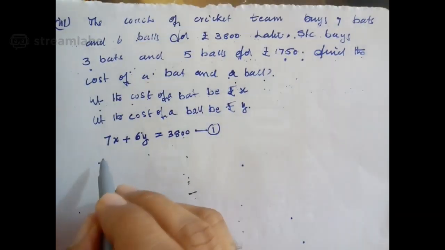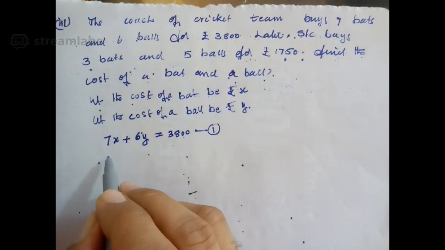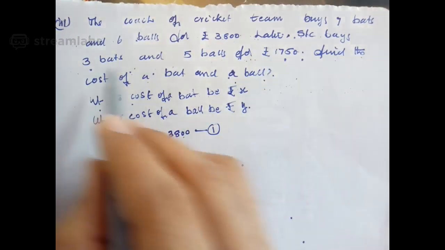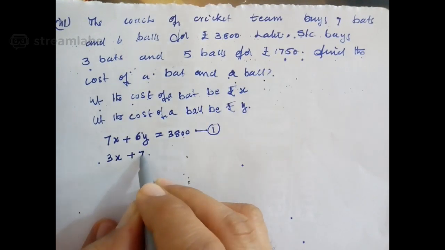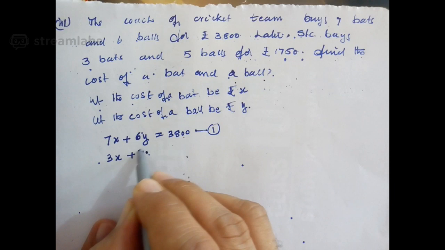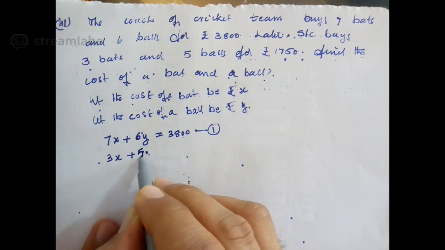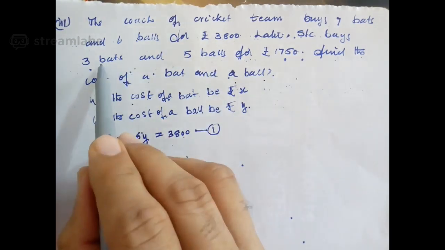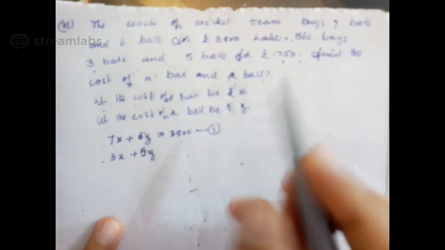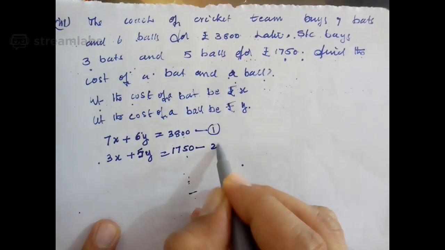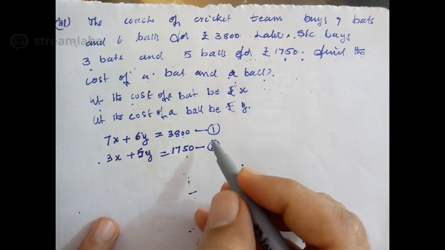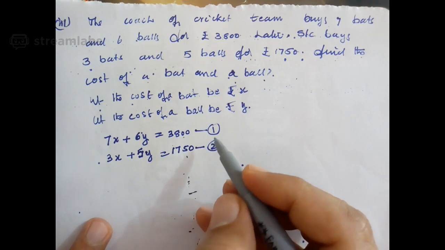Next, later she buys 3 bats, that is 3x plus 5 balls, 5y. 3 bats and 5 balls is equal to rupees 1750. Call this equation 2. Now write the third equation.